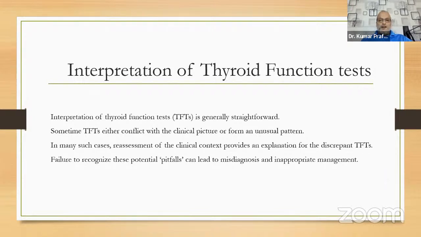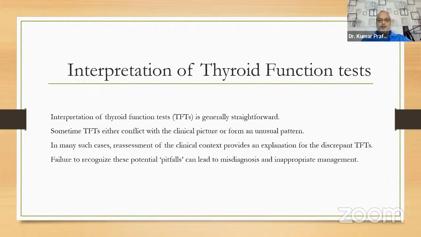When we talk about thyroid function test, its interpretation is usually straightforward. However, there are certain conditions in which we may have an unusual pattern in thyroid function test. And when there is an unusual pattern, we need to correlate it with the clinical picture. Because whenever there is conflict with the clinical picture, a reassessment with the clinical context is able to explain the thyroid function test.